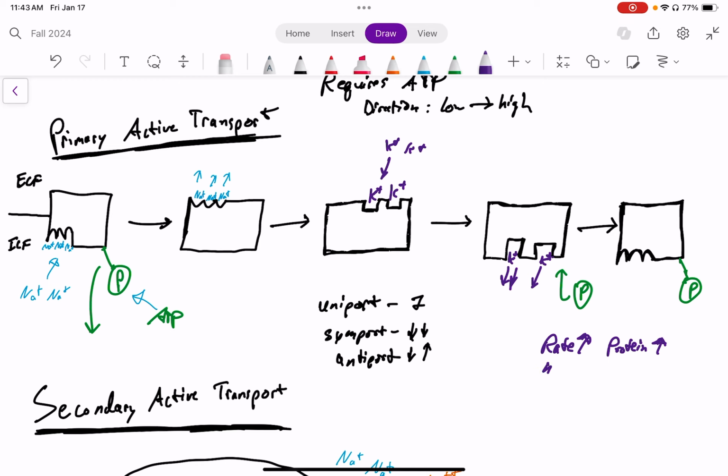There's also still very high specificity because it's a protein, where there's only certain particles that can enter. You can see that I illustrate that in my drawing here with the different shape of sodium versus potassium attachment sites. So we see that there.